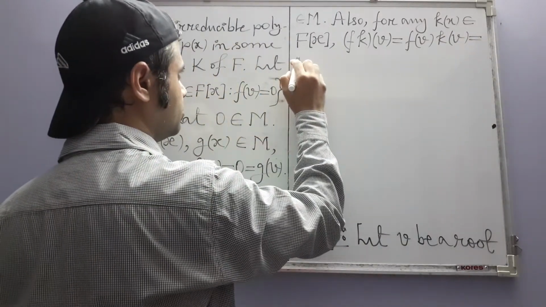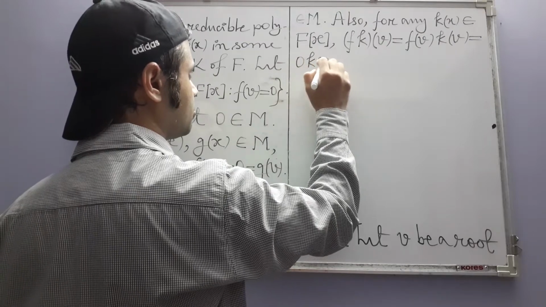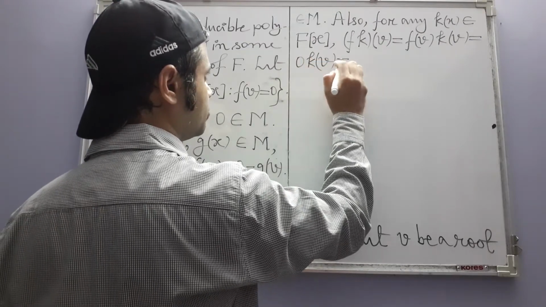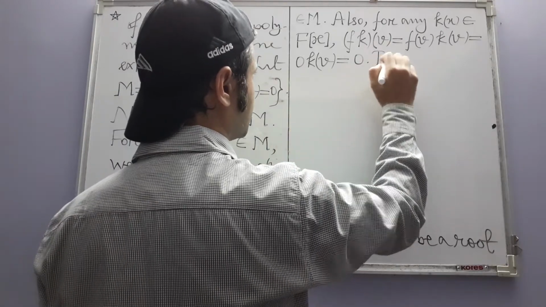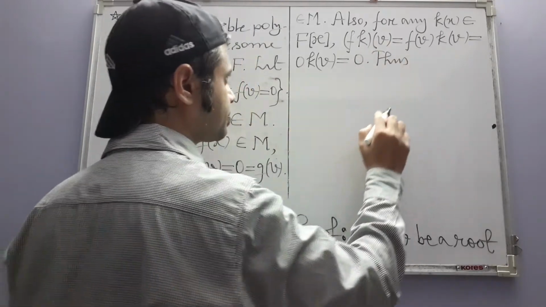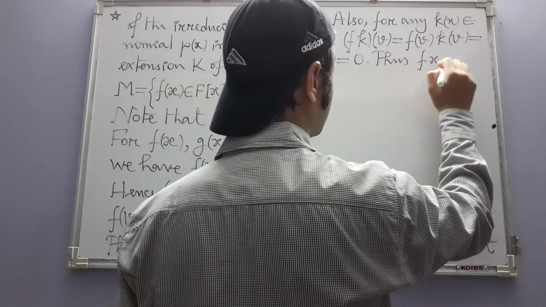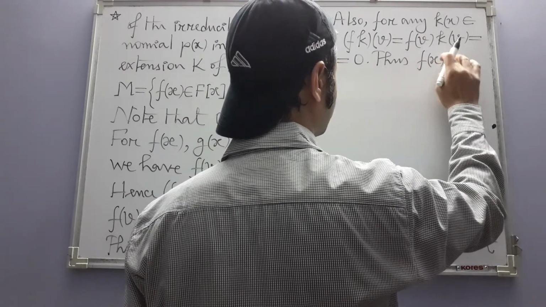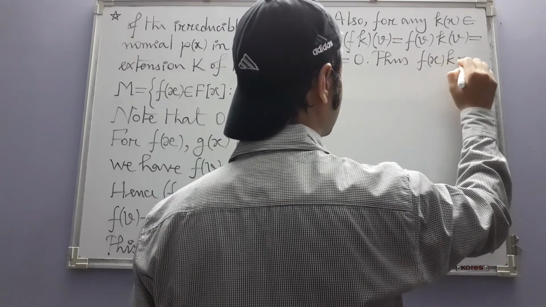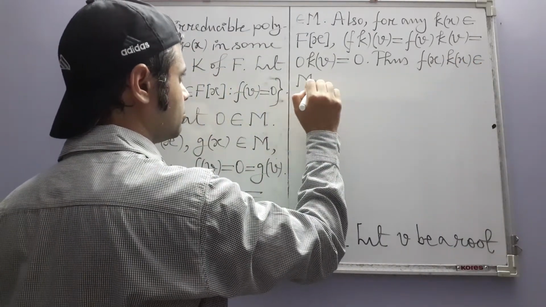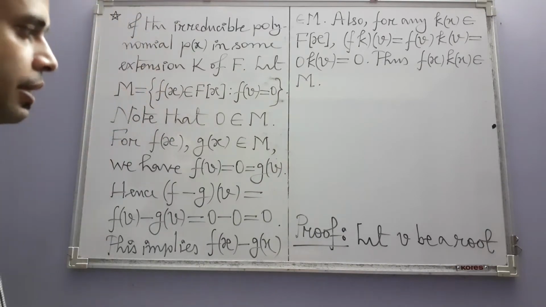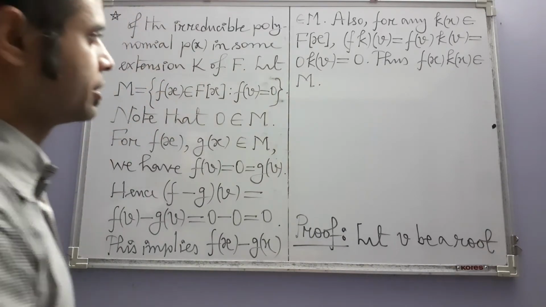This is equal to 0 times k(v), that is equal to 0. Thus, f(x) times k(x) belongs to M. Hence, M is an ideal of F[x].